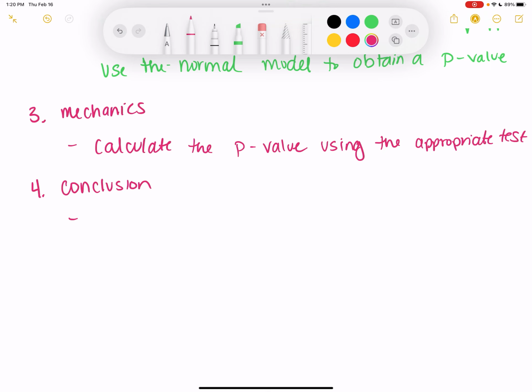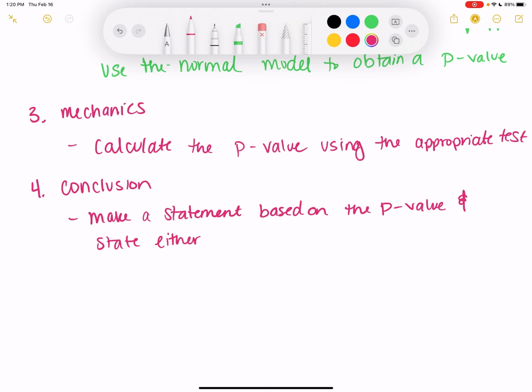All right, so for the conclusion, make a statement based on the p-value and state either reject the null hypothesis or fail to reject.